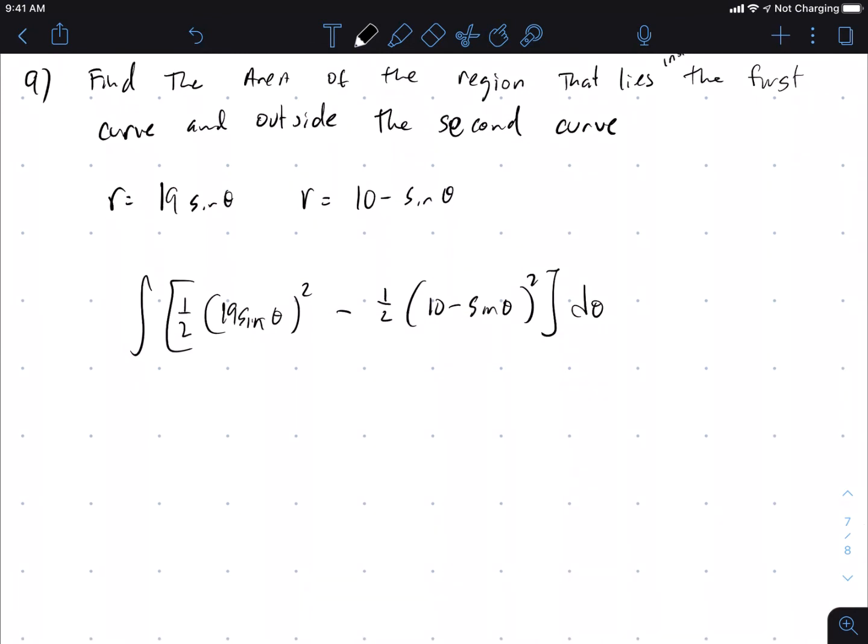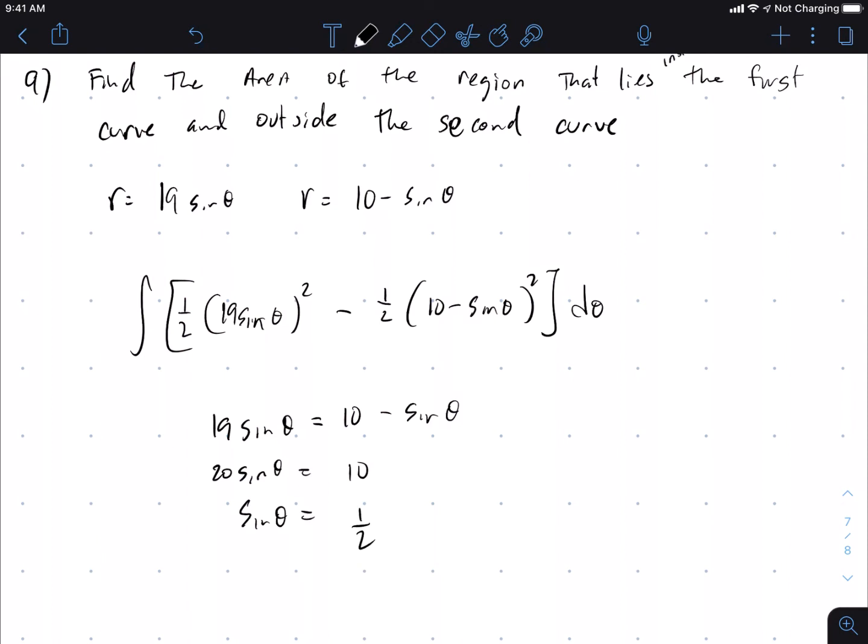We can find the parameters by setting them equal to each other. So 19 sine theta is equal to 10 minus sine theta. So we're going to get 20 sine theta is equal to 10. So sine theta is equal to 1/2.